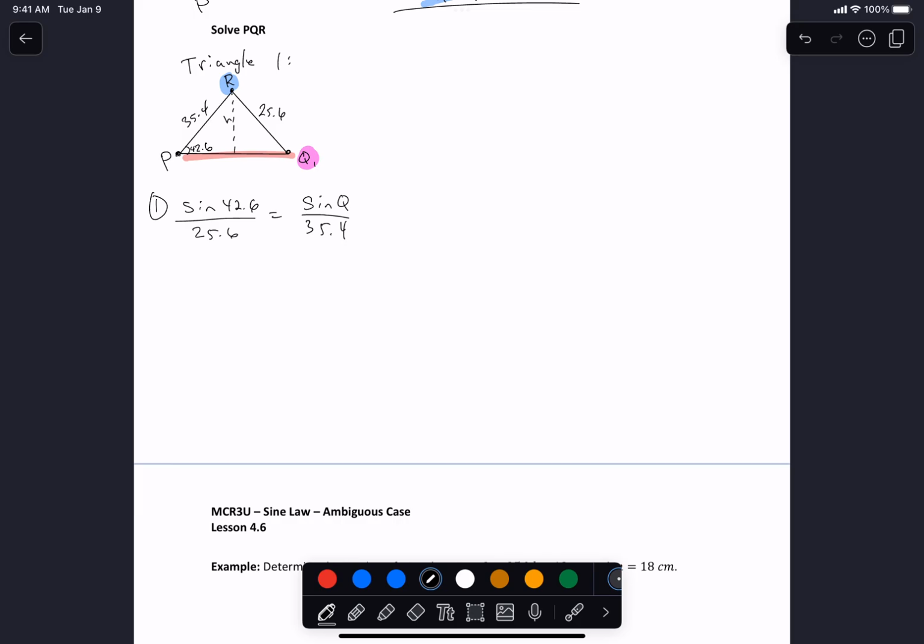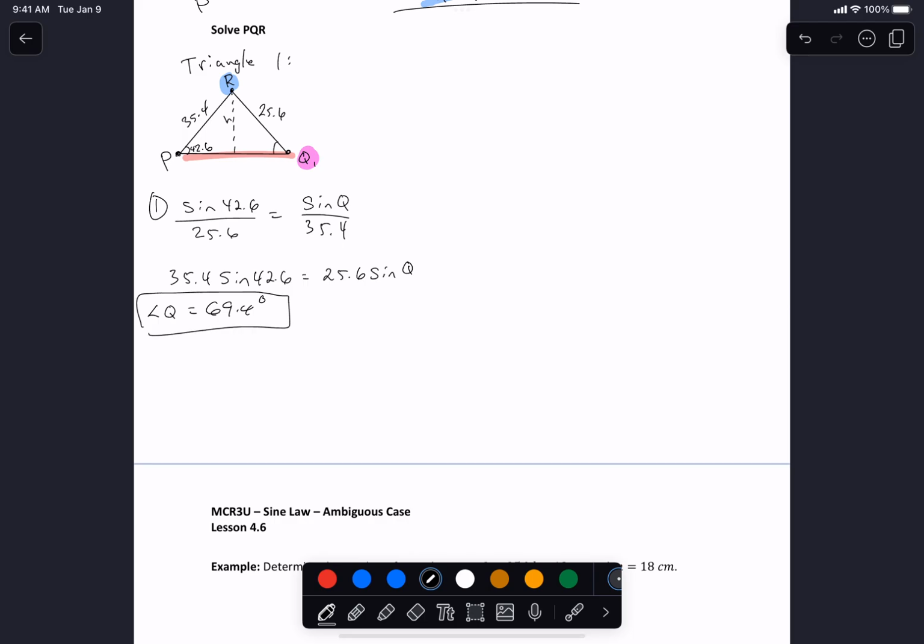So I can cross multiply and solve, right? So when I cross multiply and solve, I get 35.4 sine of 42.6 is equal to 25.6 sine of Q. And so if I go through all of this process here, I'm going to find out that angle Q, when I solve, should be 69.4 degrees.